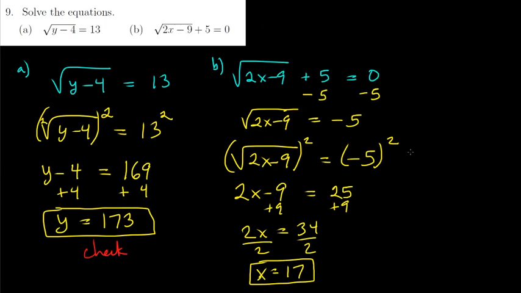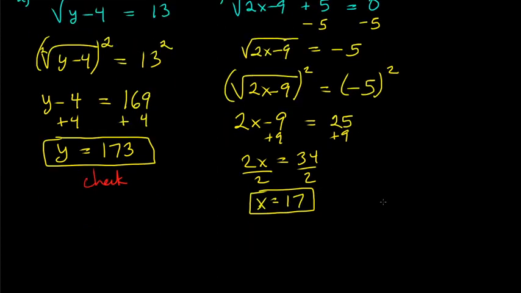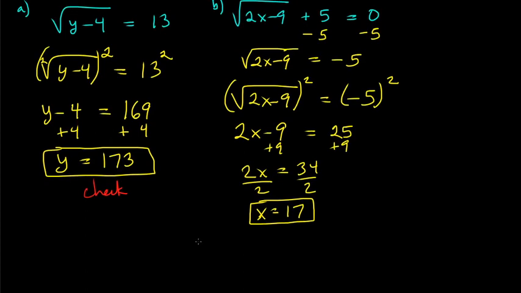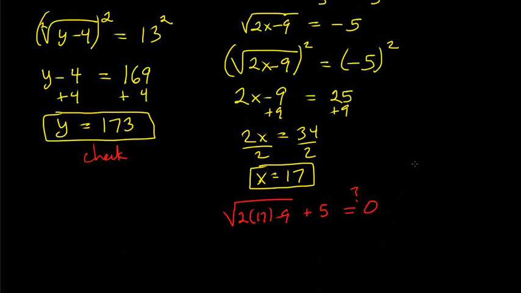If I take the, let's see if I can do this down here. If I plug in x equals 17, what do I get? I get the square root of 2 times 17 minus 9 plus 5. Does that equal 0? Well, 2 times 17 is 34.